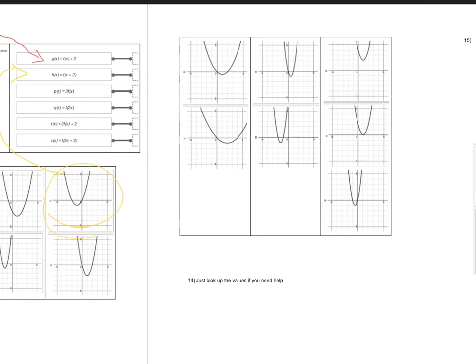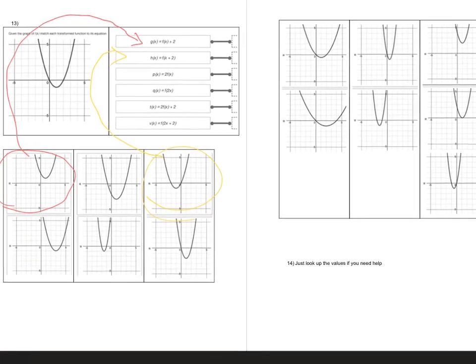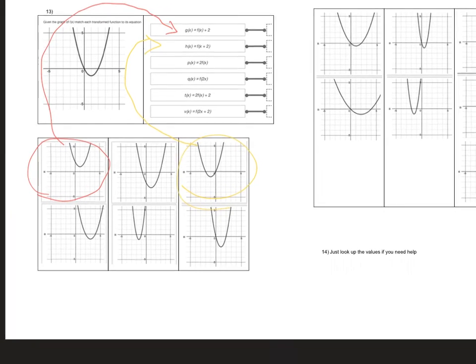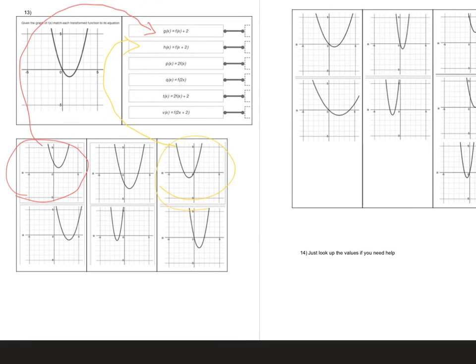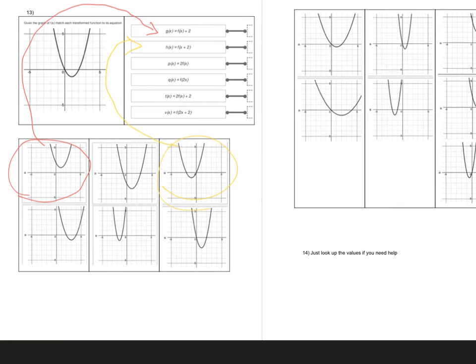So let's see here. Where's one that looks like, okay, so the first thing I'm looking for is my vertex pulled down a little bit. And so when I look at that, I see this one. This looks like my vertex has been pulled down, but it actually looks like it's gone too far.